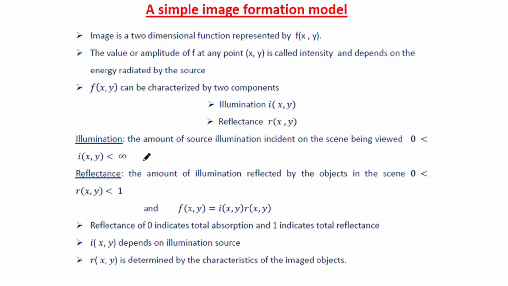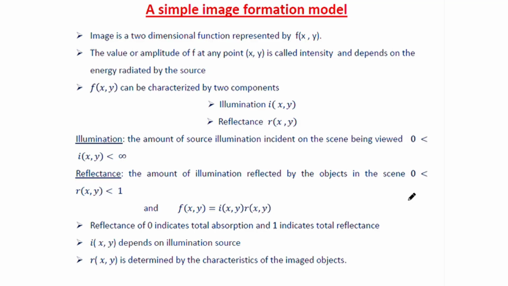What is illumination? The amount of source illumination incident on the scene being viewed. The range of illumination is between 0 and infinite because illumination is generally by a light source which we can't measure. And the reflectance. Reflectance means the amount of illumination reflected by the object in the scene.